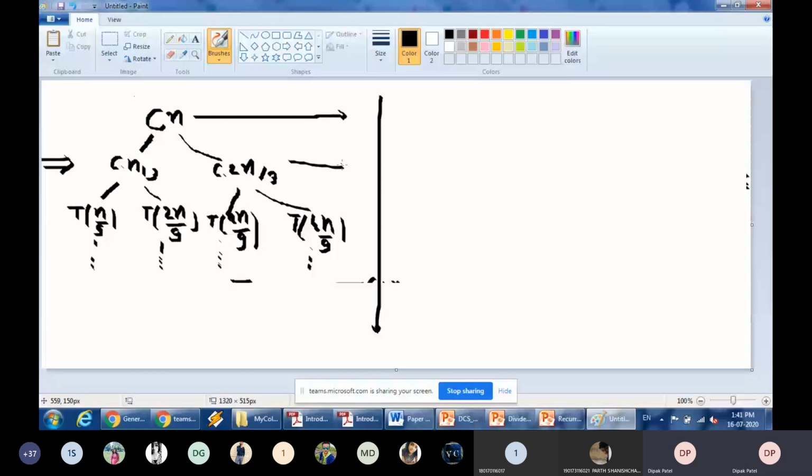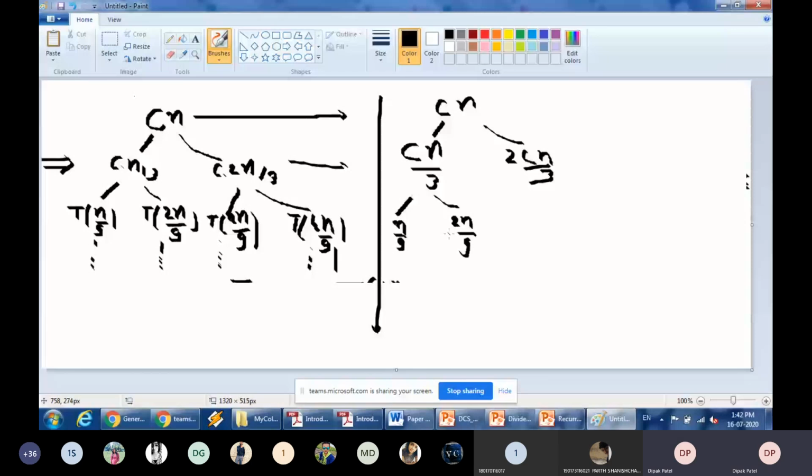So finally, if I replace these variables, we'll have this kind of recurrence tree: C n by 3 and C 2n by 3. Again, I'll replace this. We'll have n by 9 and 2n by 9. Obviously, C is there.